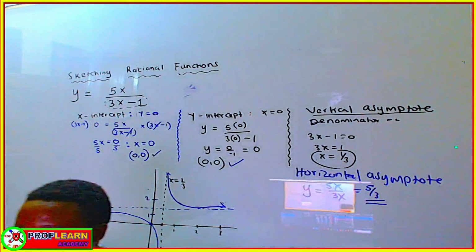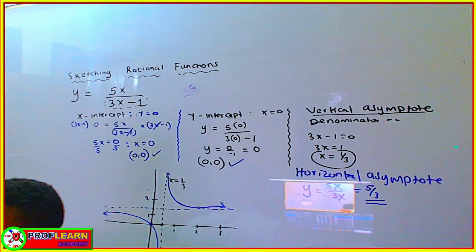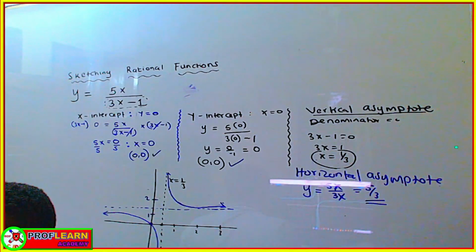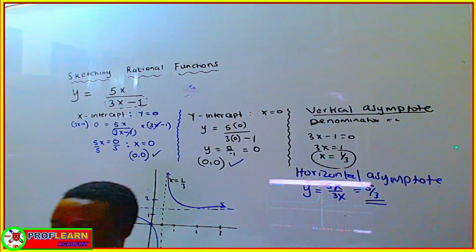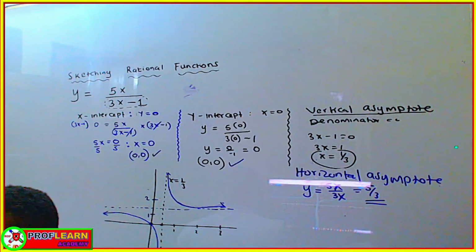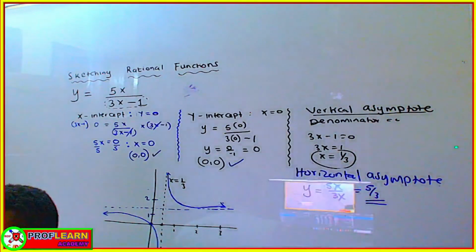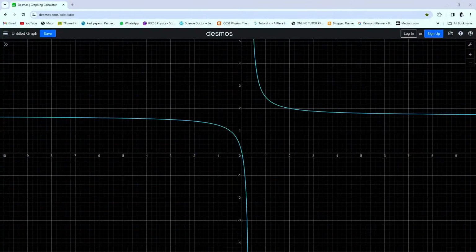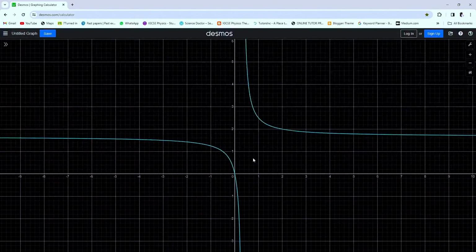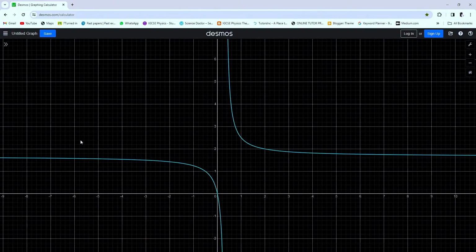So at any given point, you can sketch these graphs, and once you have sketched them, you can test them with the software called Desmos, just to confirm whether your graph shape is correctly done the way we have just shown you here. Just to run you through, according to the software, this is the graph.